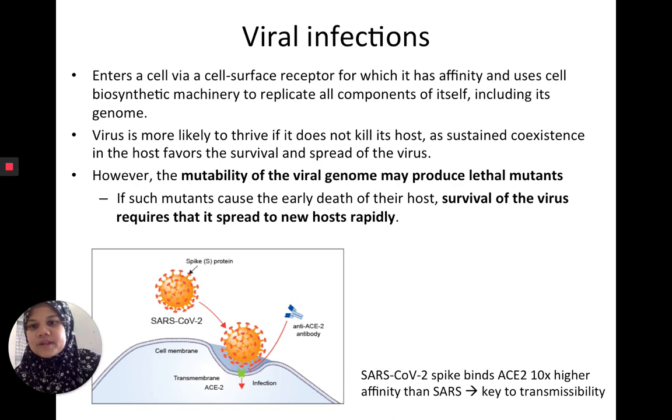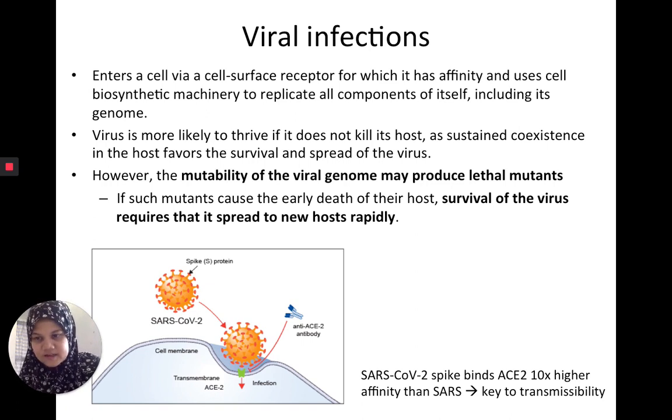Once the virus enters, what it will do is start using the cell to replicate itself, to the point that it destroys the cells. The virus is more likely to survive or thrive if it doesn't actually kill the host.